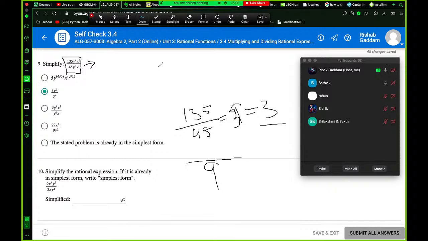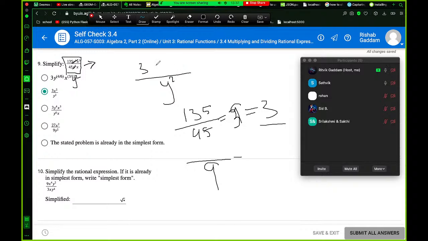And then? And then you have to take away the 4 on the top and the bottom. Okay.